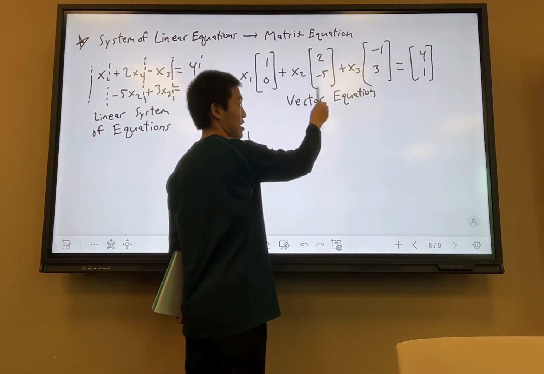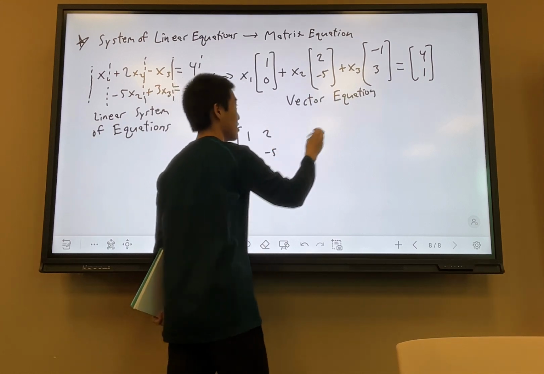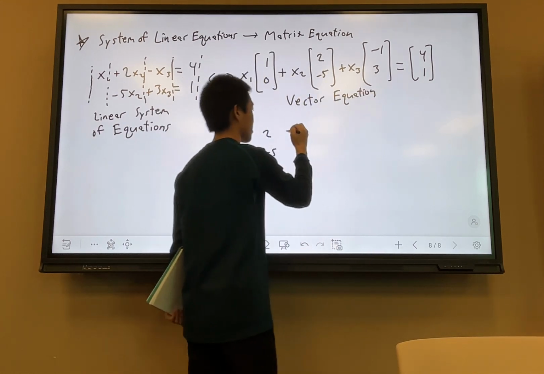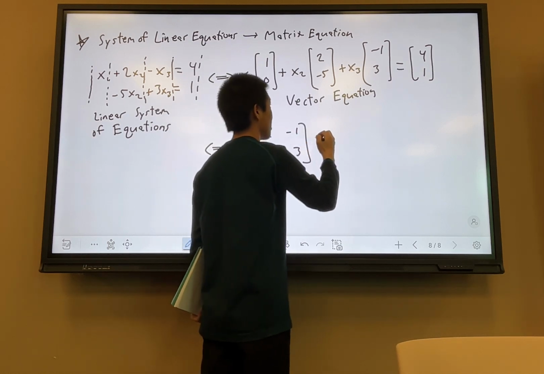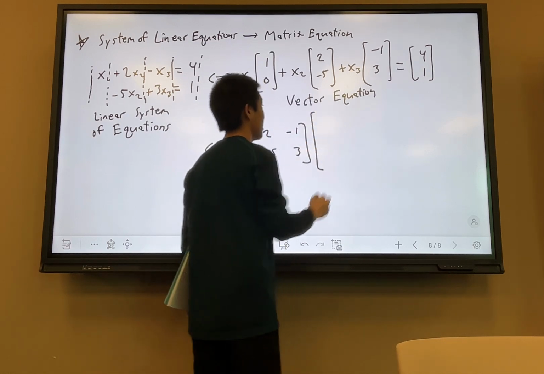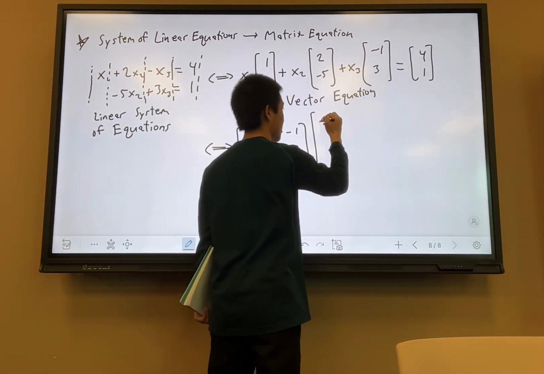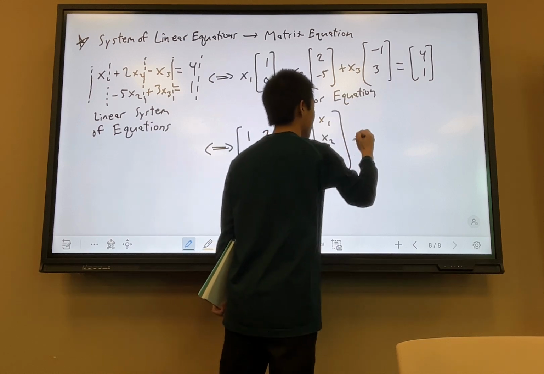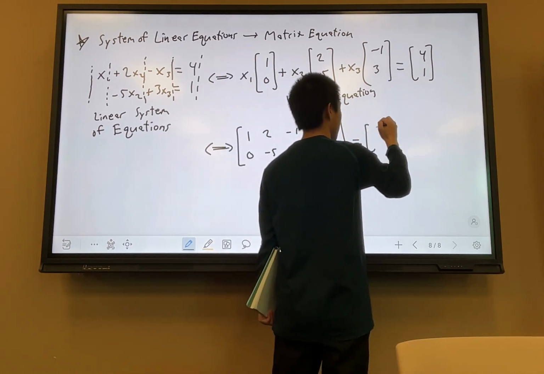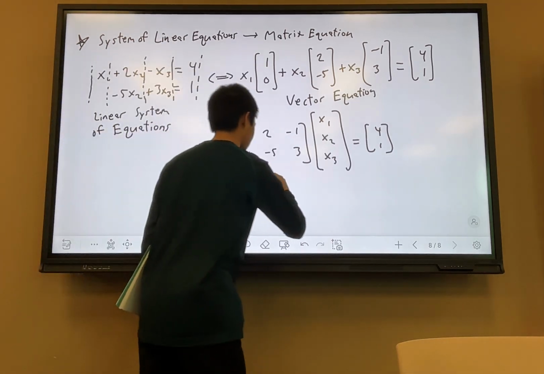Here's the second column vector, 2, minus 5. Here's my third column vector, minus 1, 3. And then the vector x has what components? x1, x2, and x3. And we know that this needs to spit out 4, 1. That is a matrix equation.